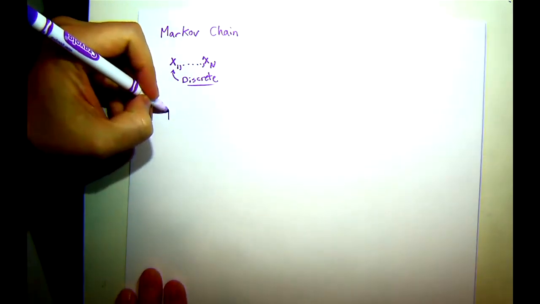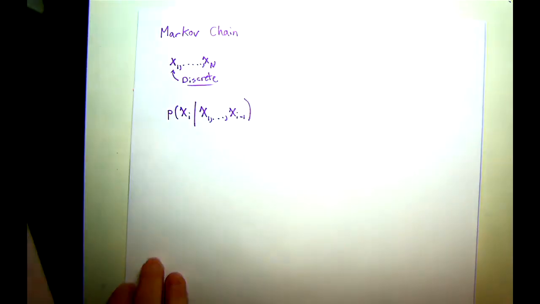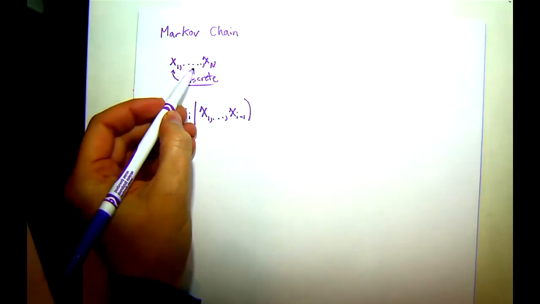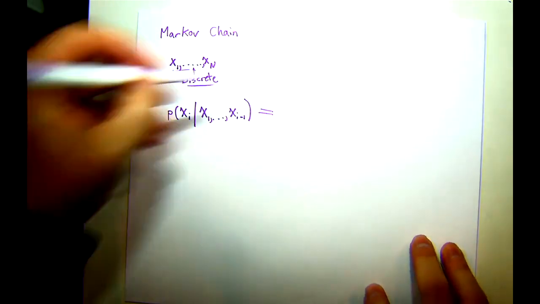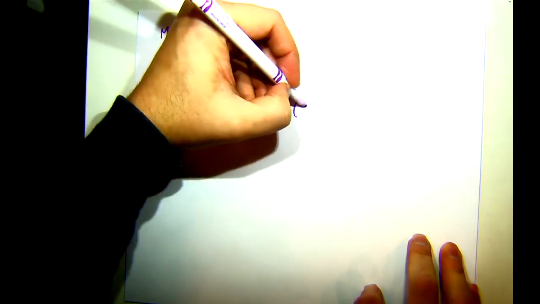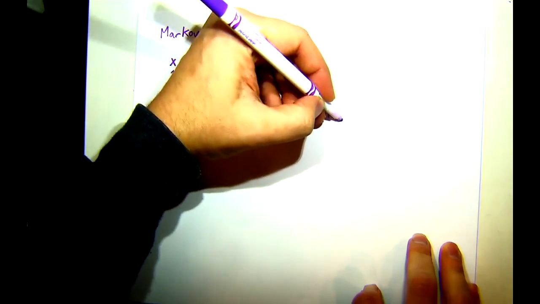A Markov chain has the property that the probability of xi given x1 up to xi minus 1, so basically the probability of the ith item in this sequence given all of the past items that you've seen, is equal to the probability of the ith item given the i minus 1 item.